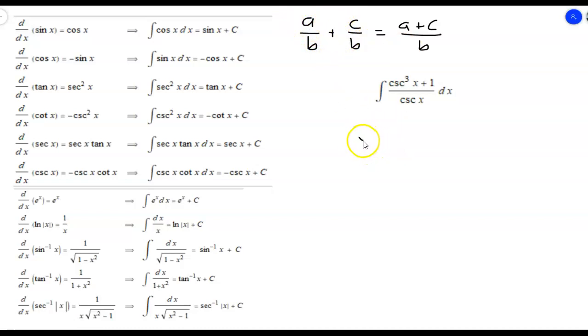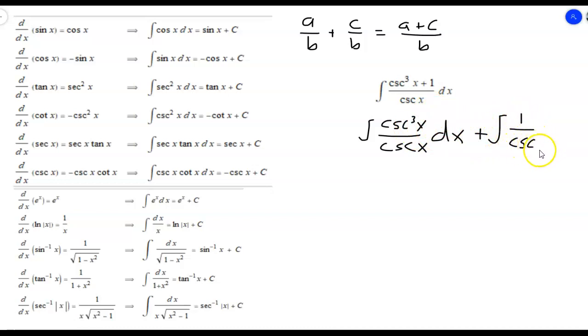So that's what I'm going to do here. And I'm also going to use the sum rule to break it up. So it's going to be the cosecant cubed of x over cosecant of x dx, plus, remember sum rule to break that up into two, 1 over cosecant of x dx.